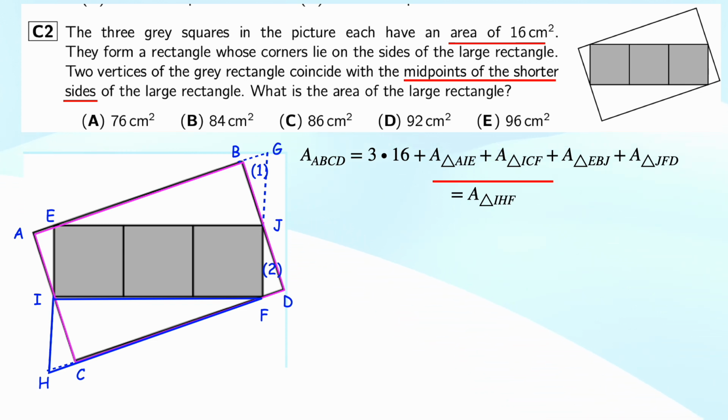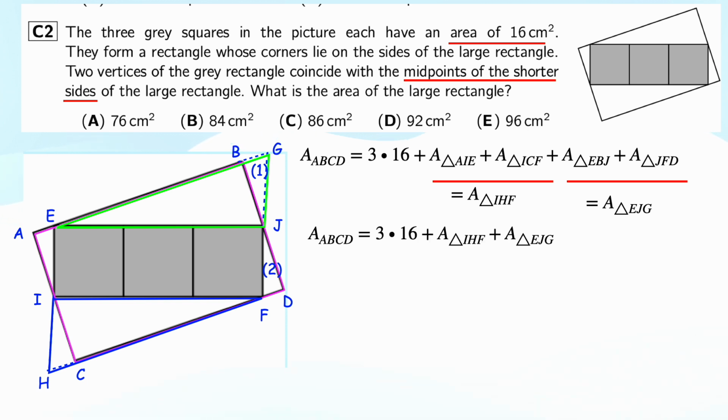In the same way, the triangle EJB plus the triangle JFD is actually the same as the green part I marked, the area of EJG.